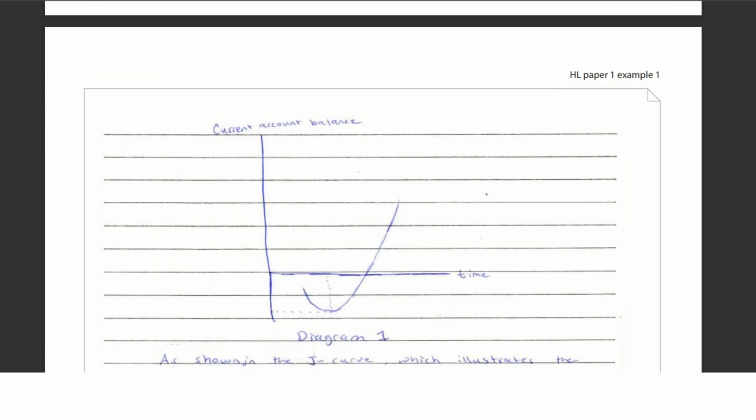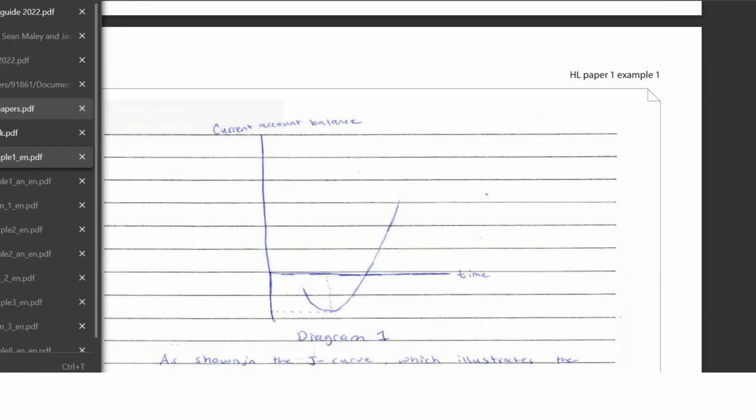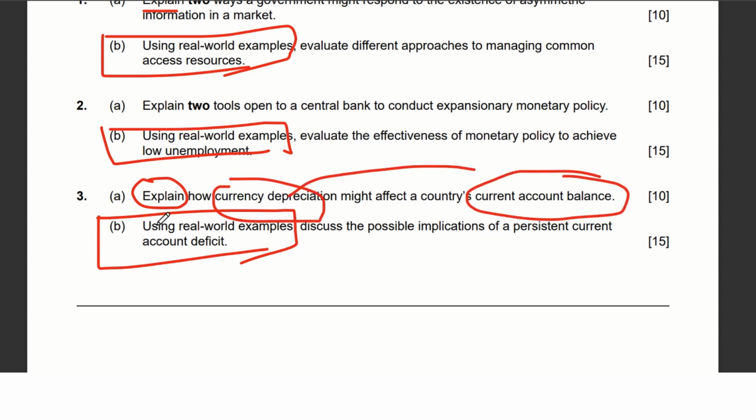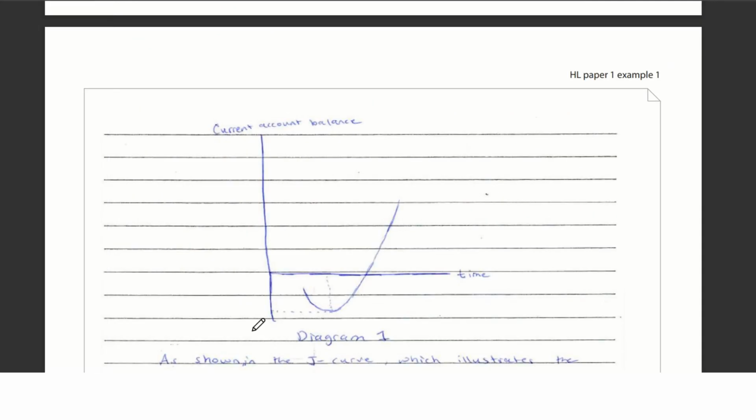In this case, the student chose question number 3: explain how currency depreciation might affect the current account balance of payments. How depreciation of the currency is affecting the current account balance. This is the question, and this is how the student responded.